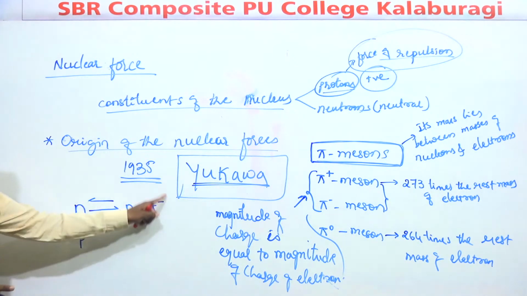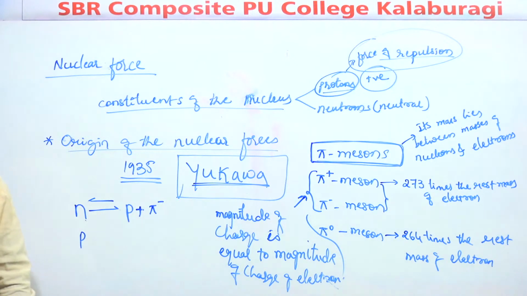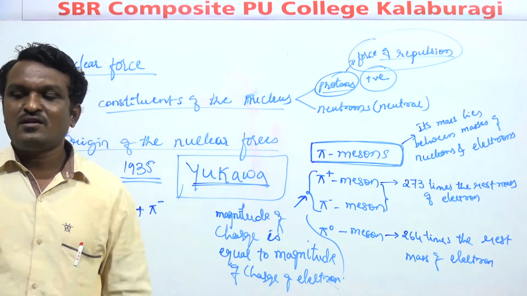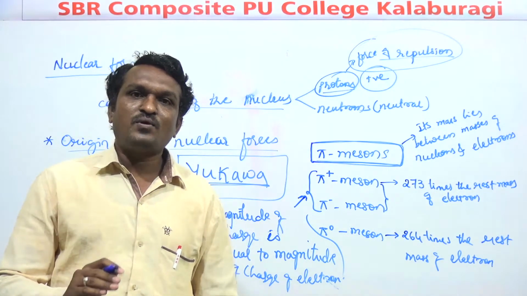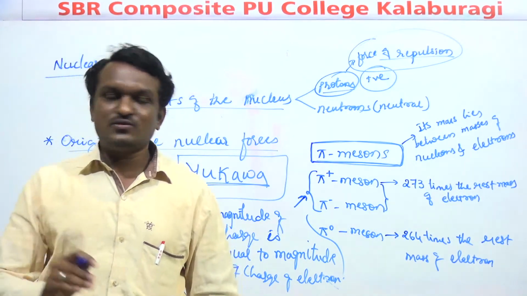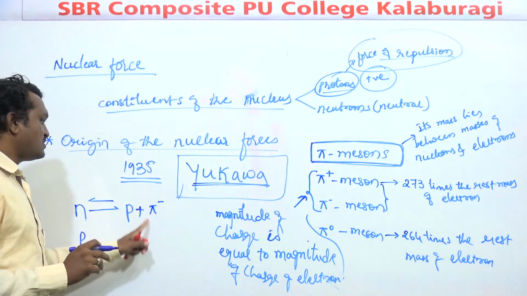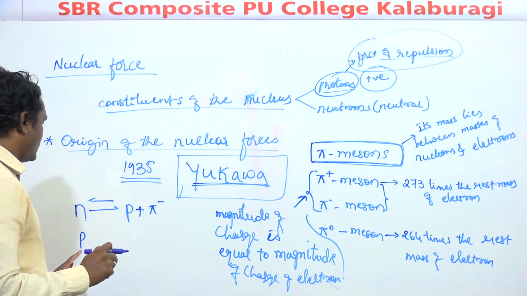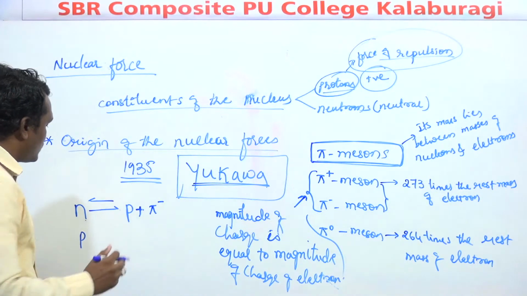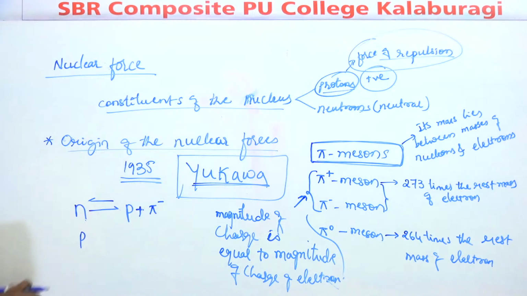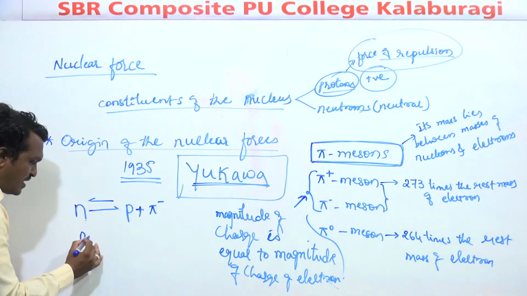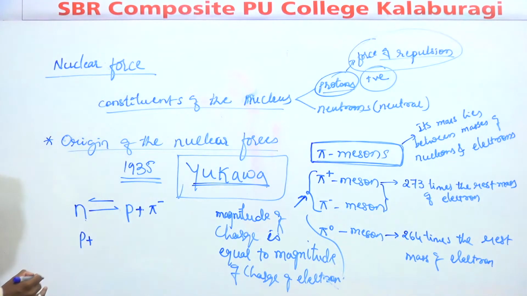If a proton converts into a neutron, it has to absorb this.